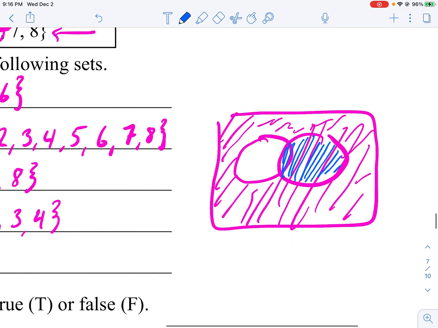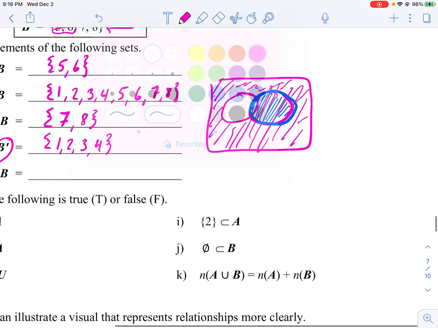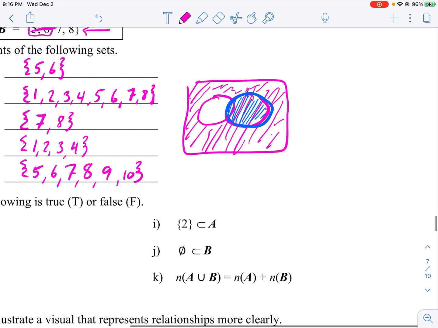Well, it's either not A or it's B. And so this is the "or it's B" portion, and this is the not A portion. So we include that overlap part there. So we'd have 5, 6, 7, 8. And we'd also have 9 and 10, because it's including these numbers out here.